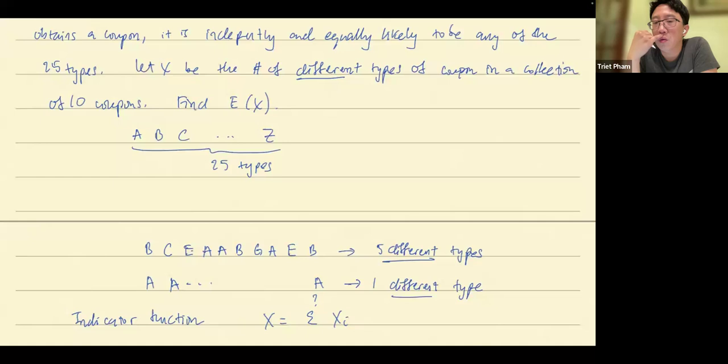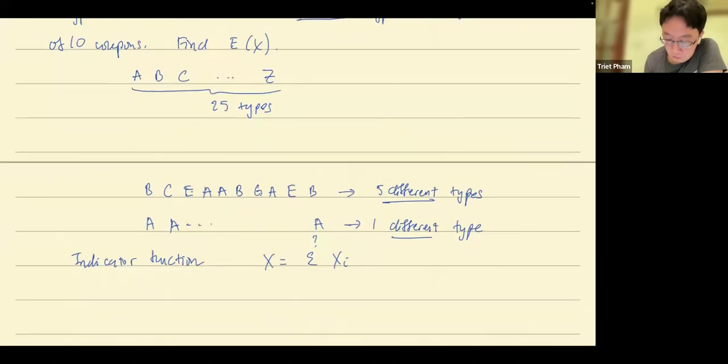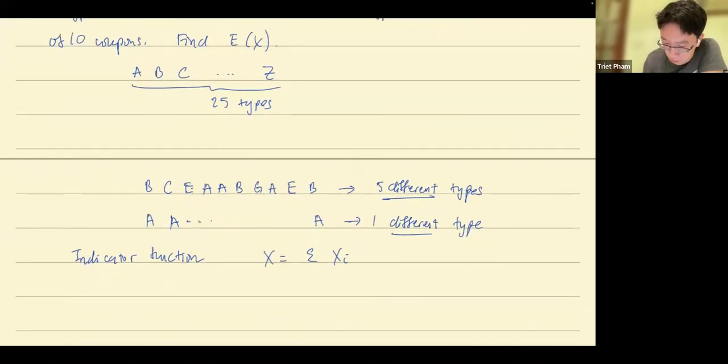The coupon, 1 to 10, or the type, 1 to 25? Well, the answer is we sum it across the type.